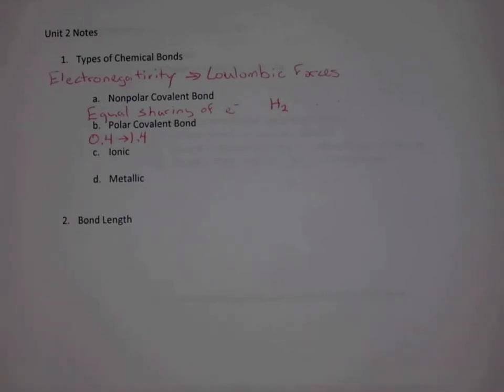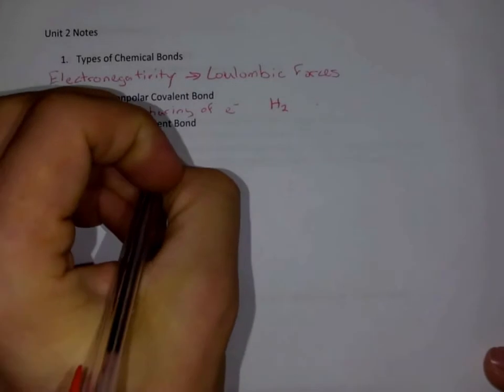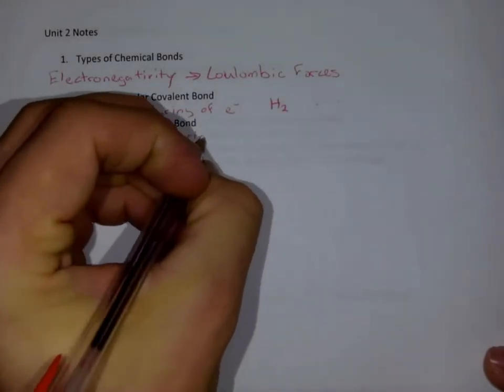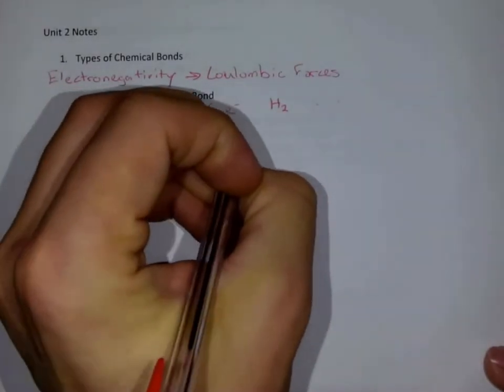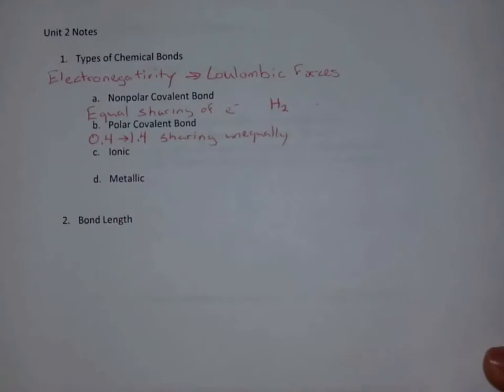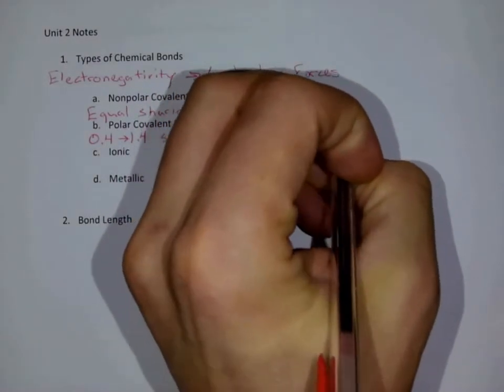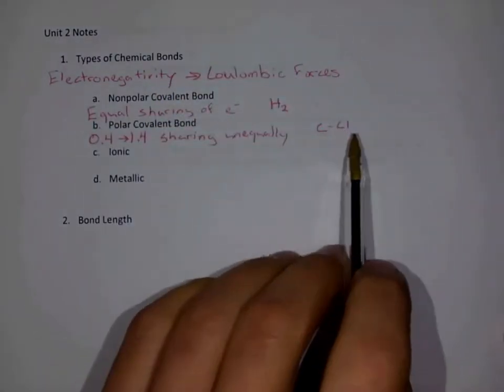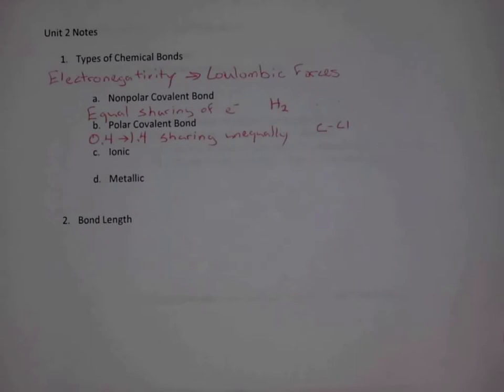They're still sharing electrons, but it's unequal. So one atom is pulling on the electrons more than another. This would be like a carbon-chlorine bond, where chlorine is much more electronegative than carbon, and so it pulls on the electrons a fair bit more than the carbon atom does.